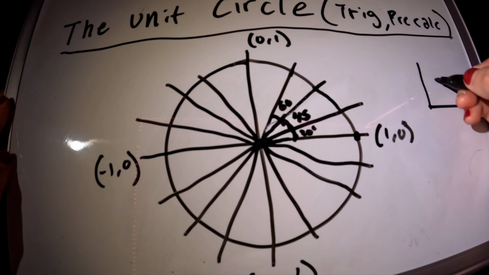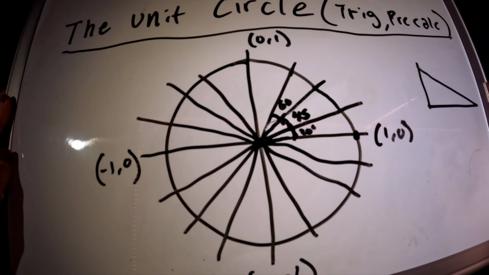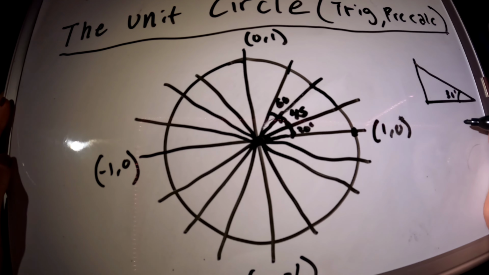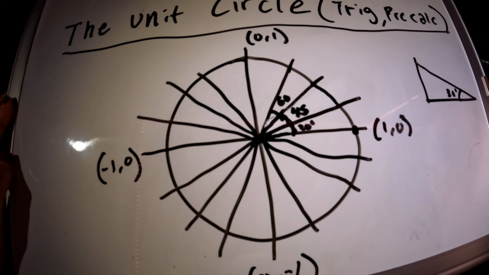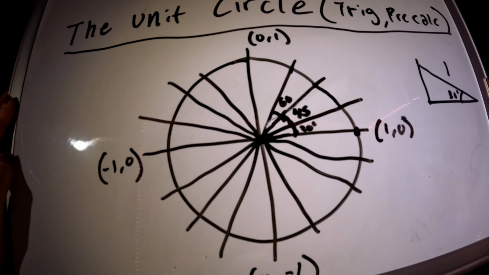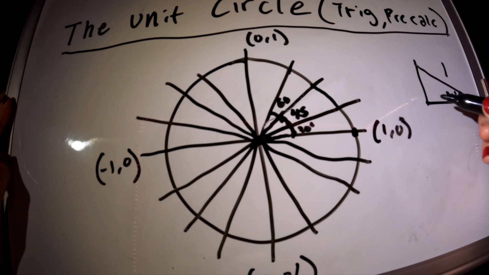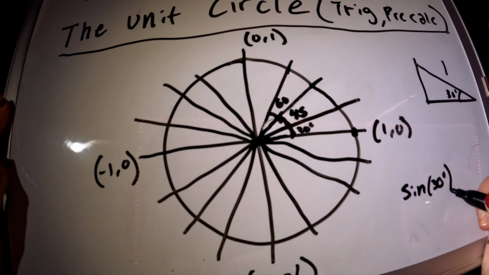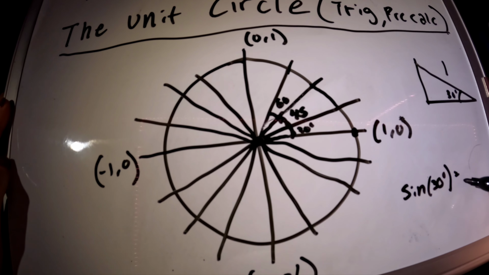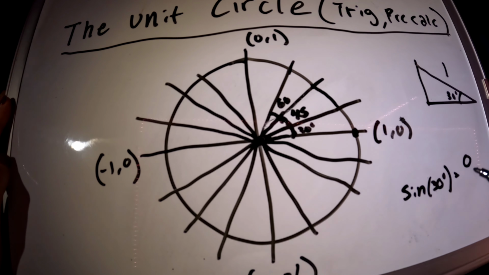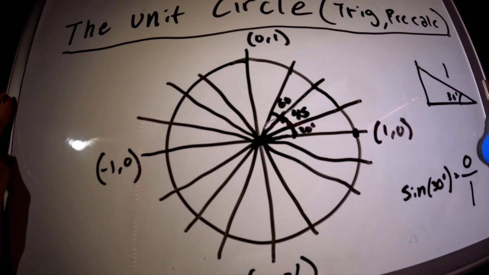is, once again, if you have a triangle, and let's just say it's 30 because that's pretty typical, and this side's 1, and you don't know these two sides, you can use SOHCAHTOA. So sine of 30 is equal to opposite over hypotenuse. You know hypotenuse is 1, so let's put the opposite as x so we don't get confused.